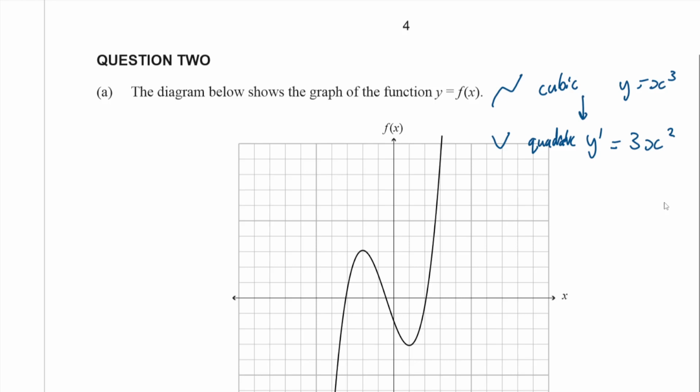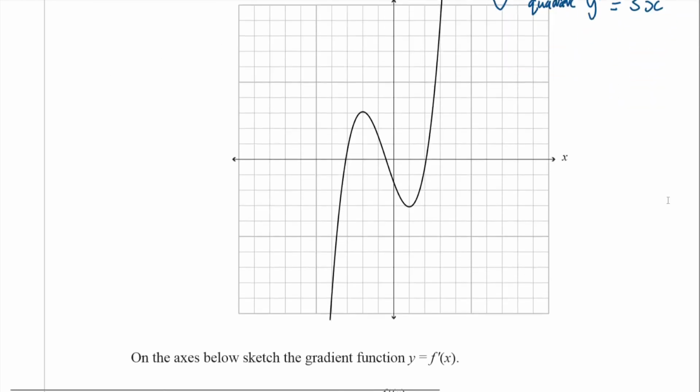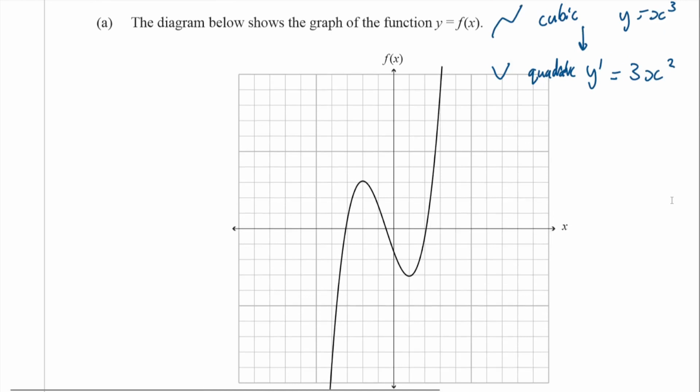However, the next part is to work out what the intercepts are, where the turning point is, and from that we need to use the sketch of f of x. Alright, so the key points we're looking for are the turning points, first of all.